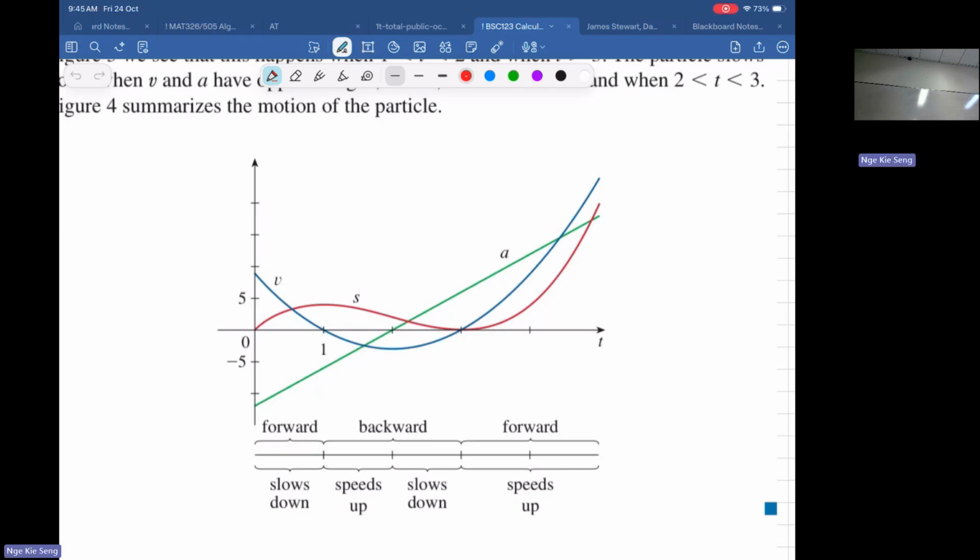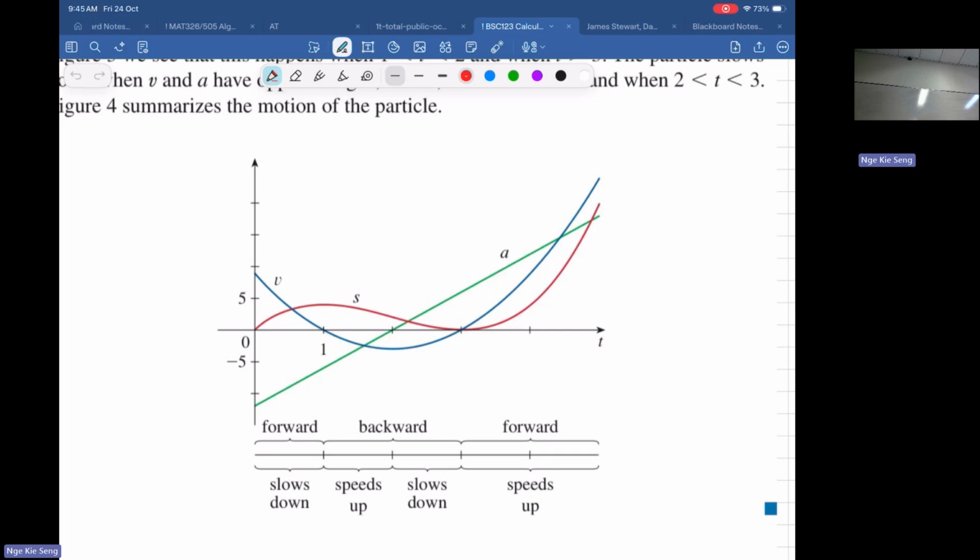From 0 to 1, V is positive, but your acceleration is in the negative part. So it slows down, but your motion is going to the right. Then from 1 to some middle point here, V goes negative but your acceleration is still negative, so this part speeds up, going in the other direction.